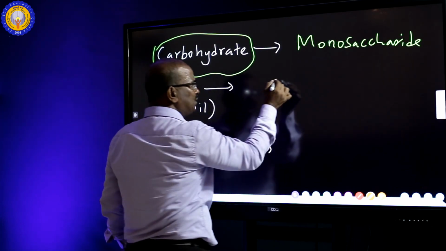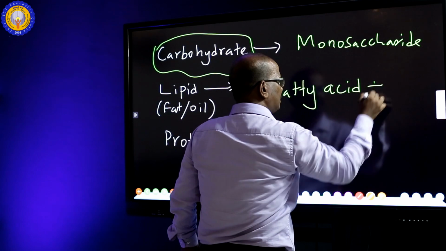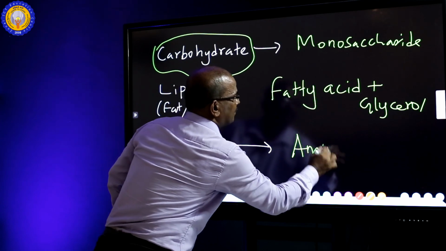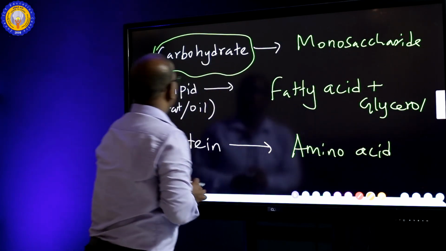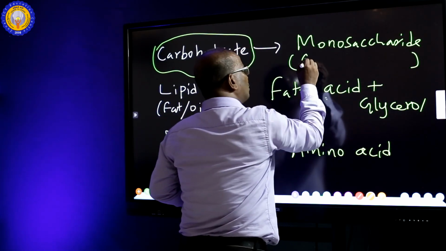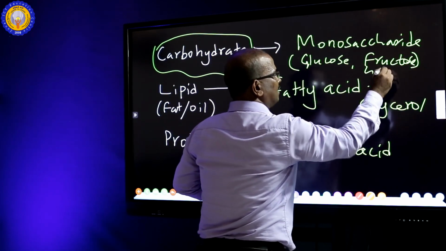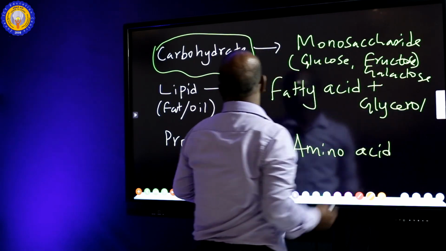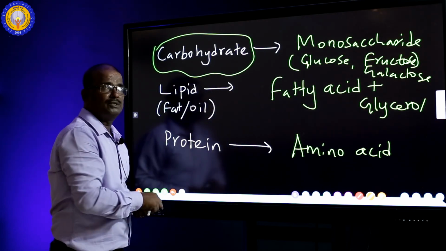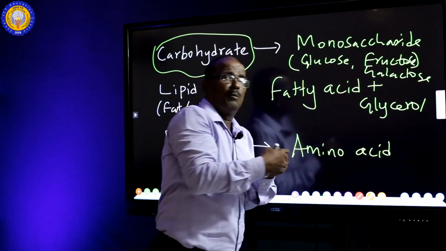Lipid, fat and oil, becomes fatty acid and glycerol. Protein becomes amino acid. The complex carbohydrate becomes the simplest monosaccharide. These complex forms are insoluble in water; these simplest forms can be absorbed and are soluble in water.